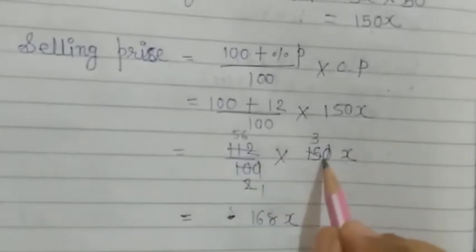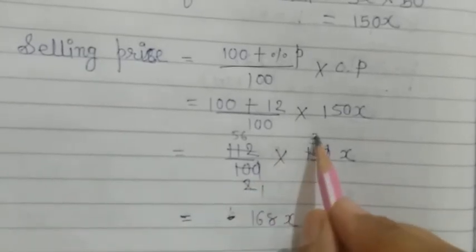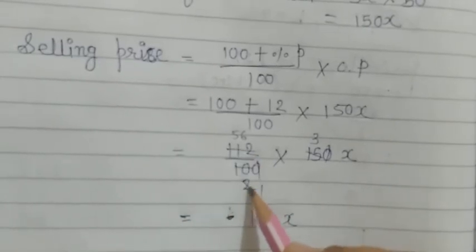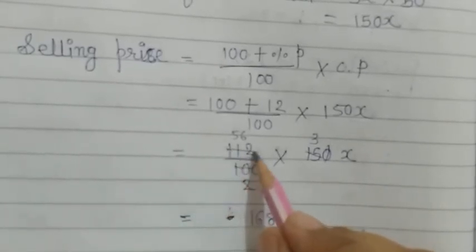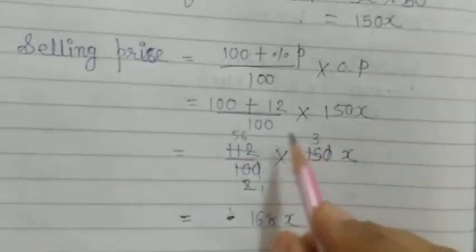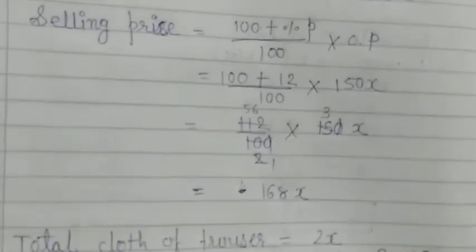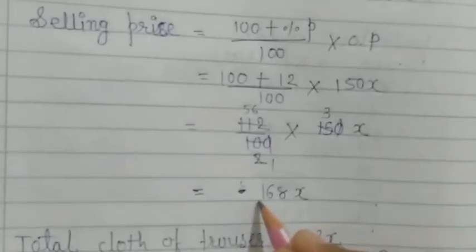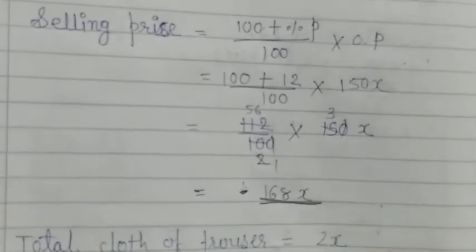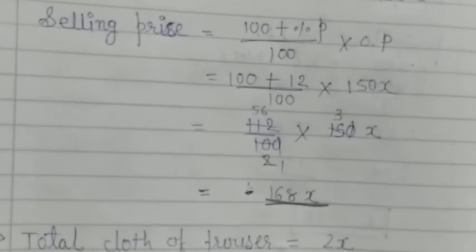Now the zeros cut, leaving 10 and 15. 5 2s are 10, 5 3s are 15. Now 112 divided by 2 is 56. Now 56 and 3, so 56 3s are 168. So the total selling price for shirt is rupees 168x.